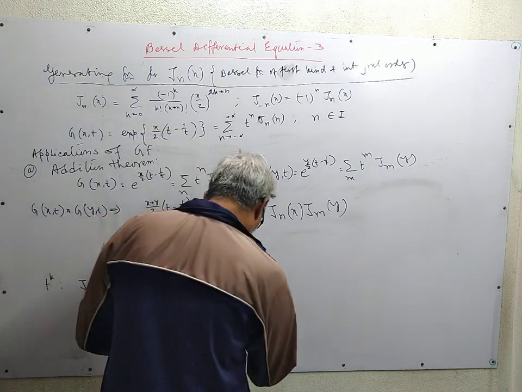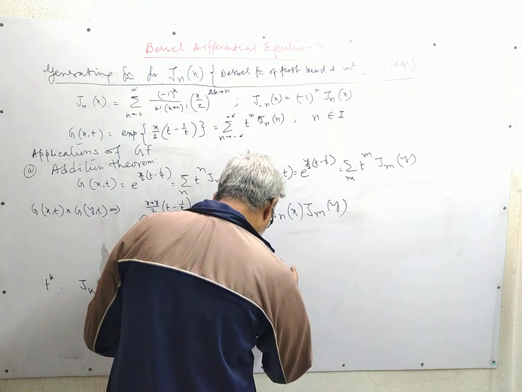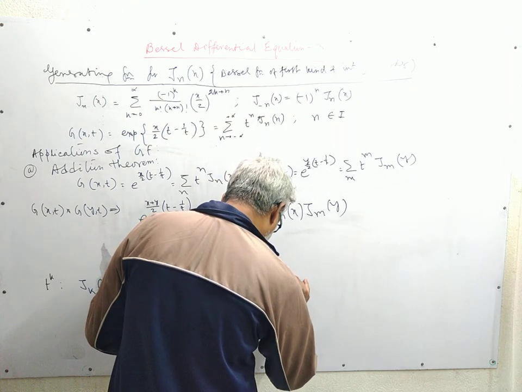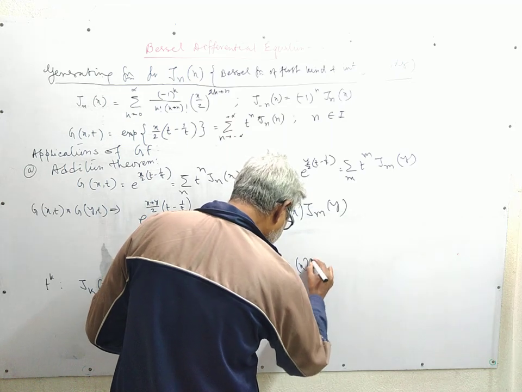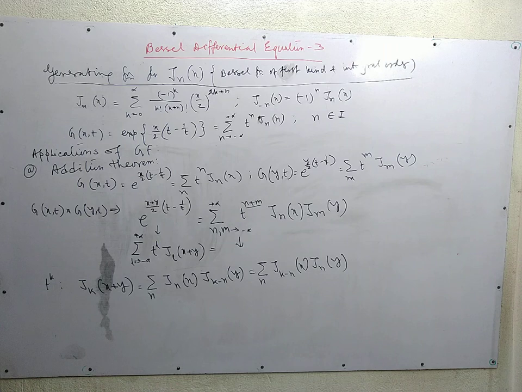You can write it also as the sum over n of J_{k-n}(x) J_n(y). This is known as the addition theorem.